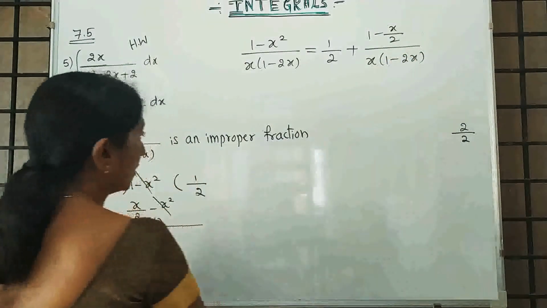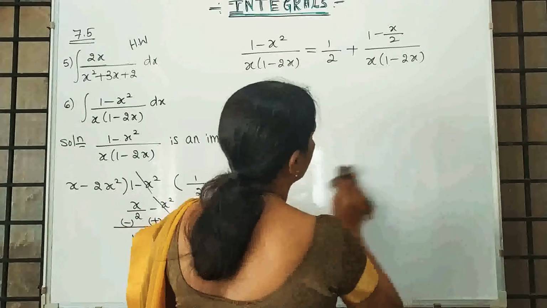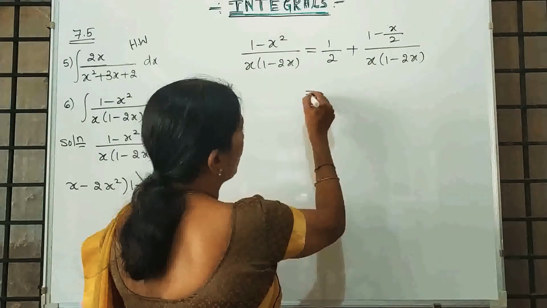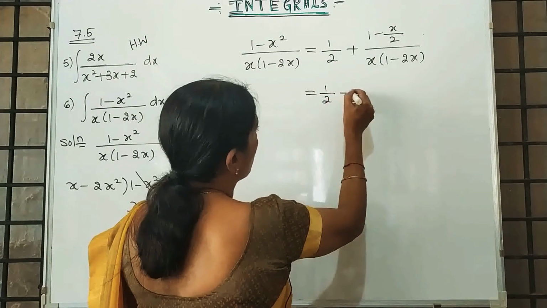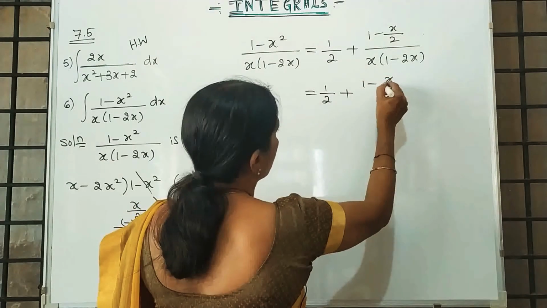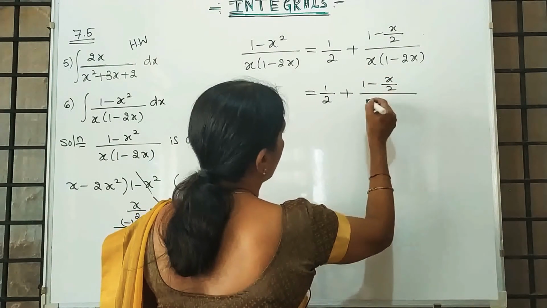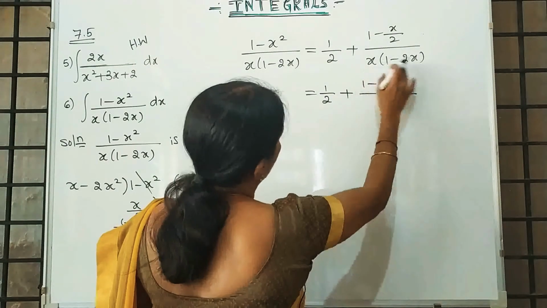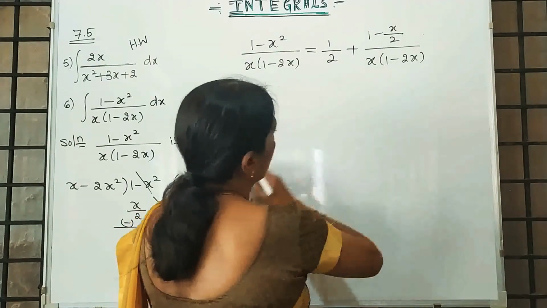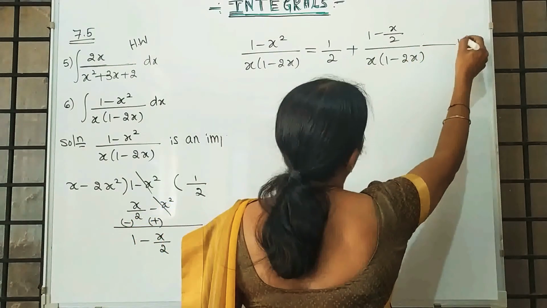So it is 1 by 2 plus 1 minus x by 2 divided by x into 1 minus 2x. Let us call this equation 1.